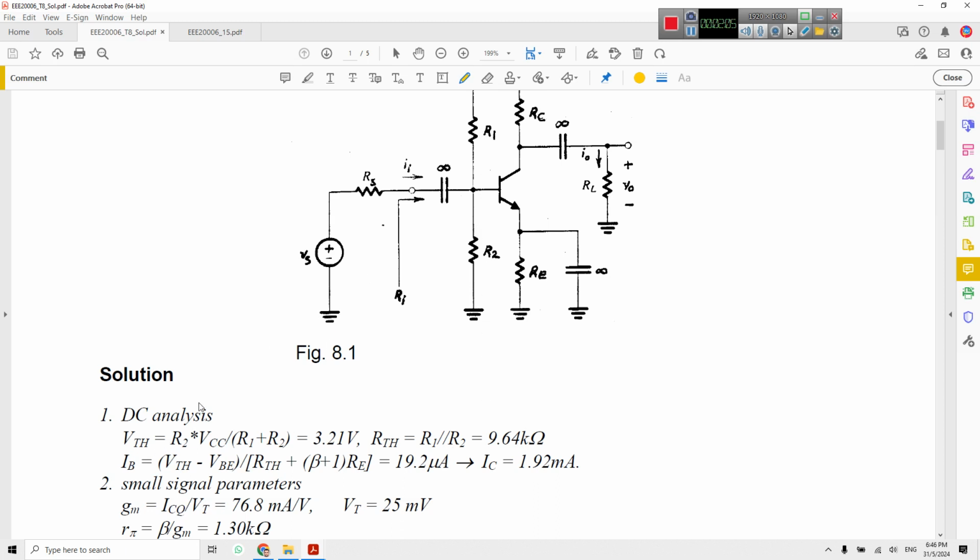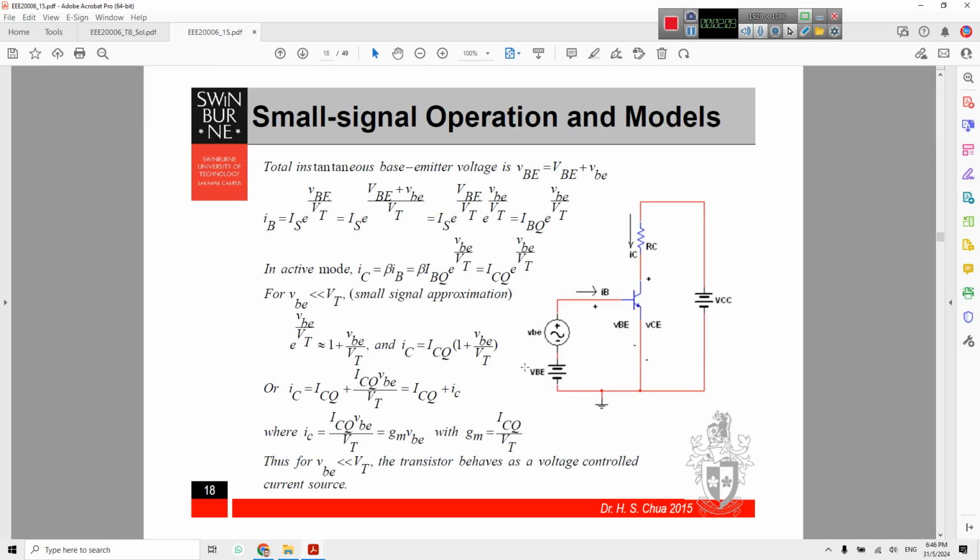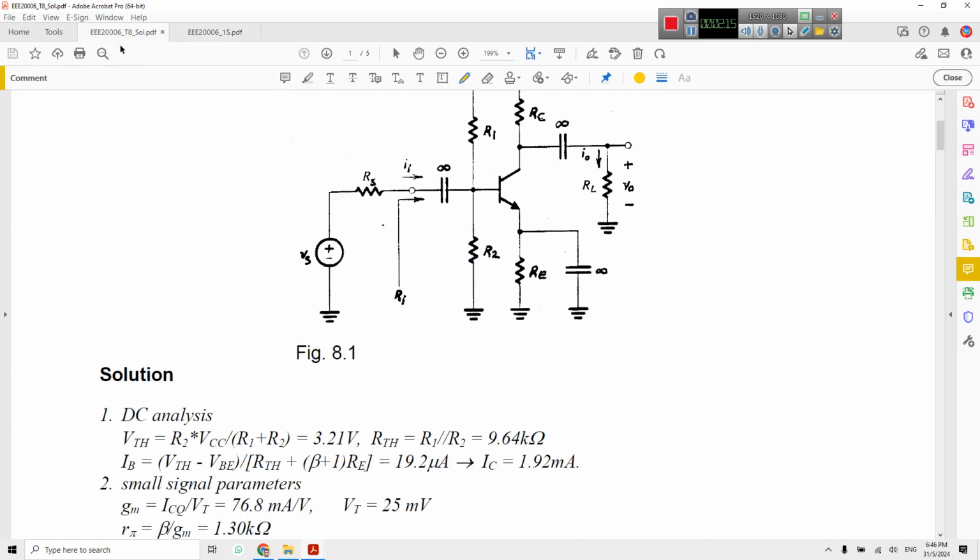Then IB, as you can see here, turning off the AC source, is V Thevenin minus VBE over R Thevenin plus RE times beta plus 1.